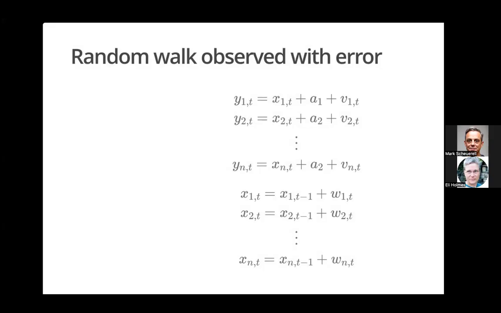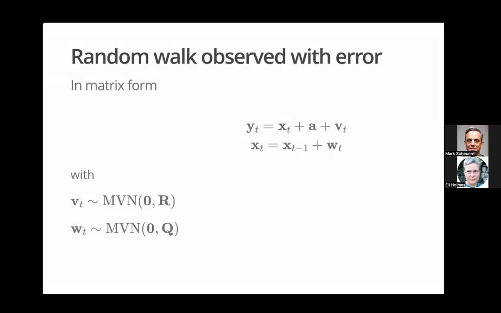Here now, I've written this out a little more explicitly. In this case, I've dropped that i subscript, and we're writing out the equation for observation 1, observation 2, 3, 4, 5, whatever n is, 10, 100, it could be anything. And same with the states, 1, 2, 3, 4, 5, 6, 7.